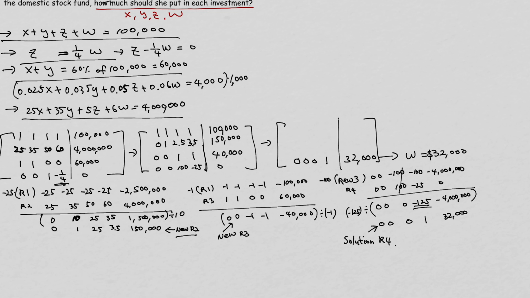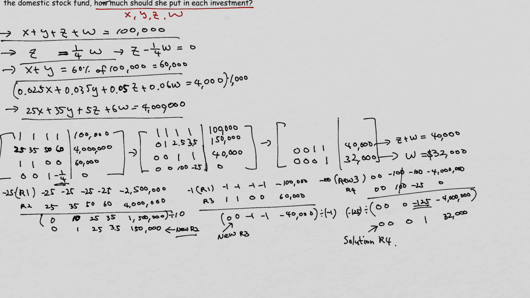So using the third row now, because this is 140,000, this gives you Z plus W is 40,000.